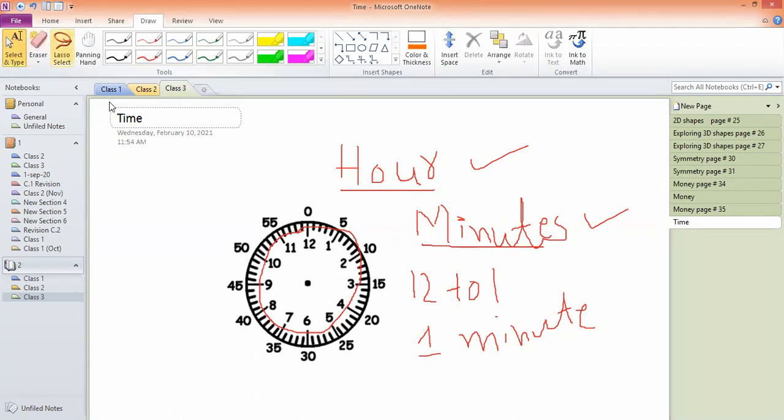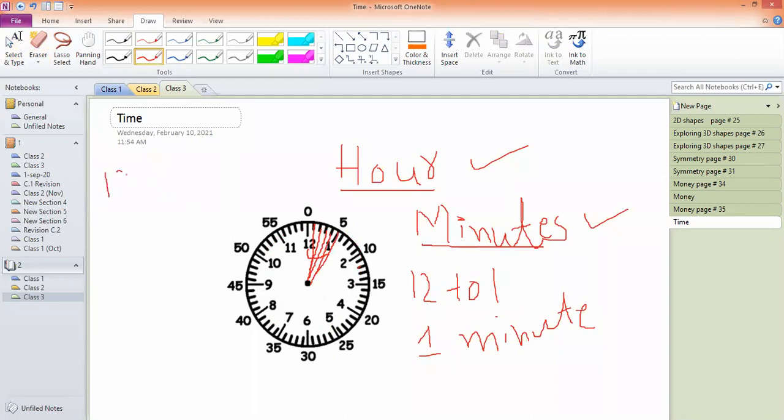Whereas for minutes, you can see there is an outer circle. I will come to the outer circle later. First, I will erase it. So guys, for minutes, you can see that from 12 to 1, there are some intervals. This is 1, 2, 3, 4, and 5.